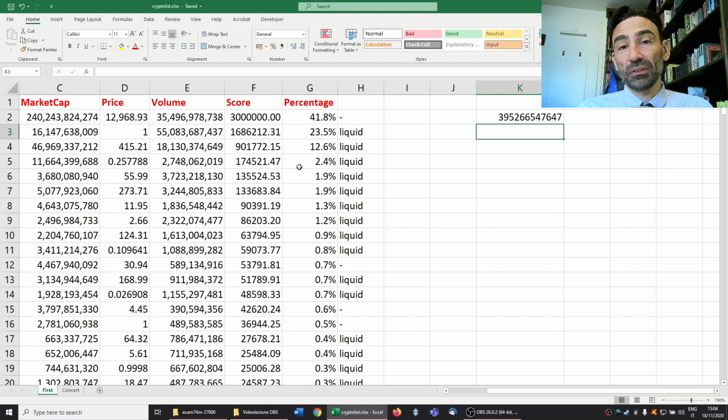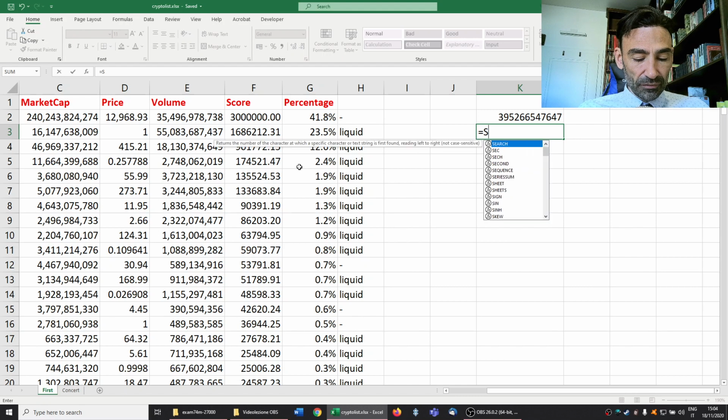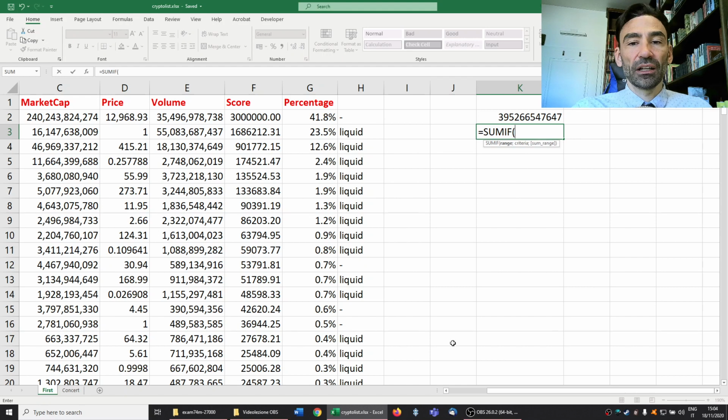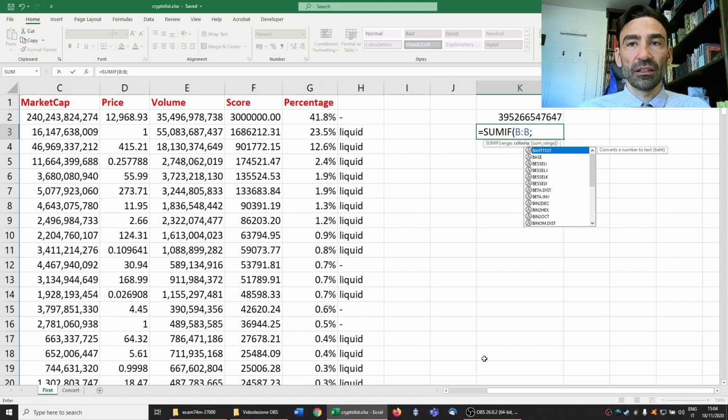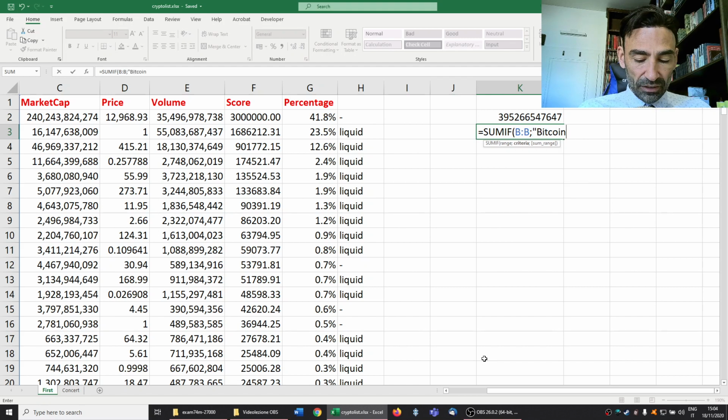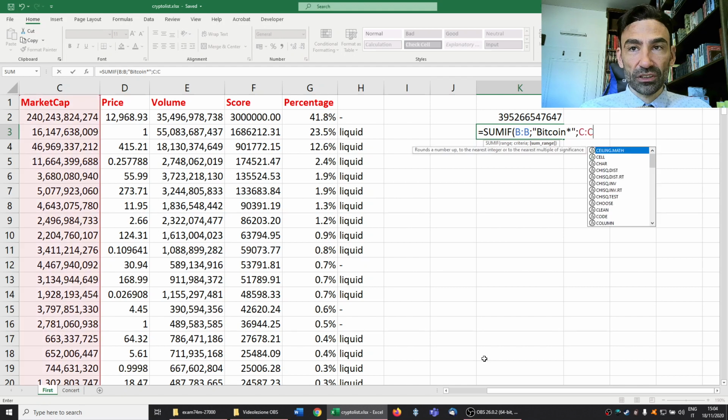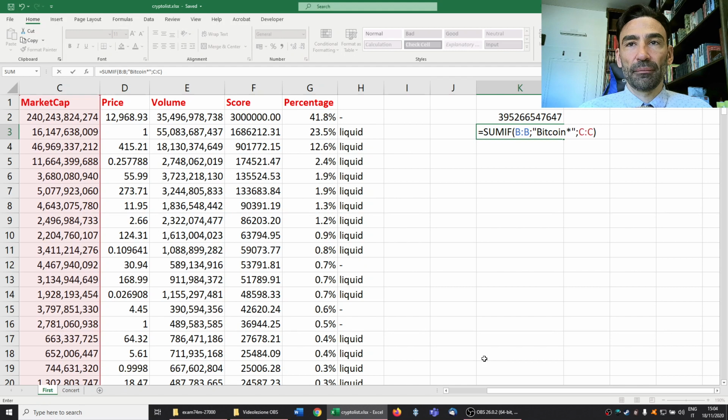One, which is pretty straightforward, we didn't do in class, but some of you probably have done it, because I always see students using it. Equal SUMIF. I check column B as range where the names are, and then as criteria Bitcoin asterisk. It's incredible. It works, and I sum market cap. 2.410 to the power of 11.